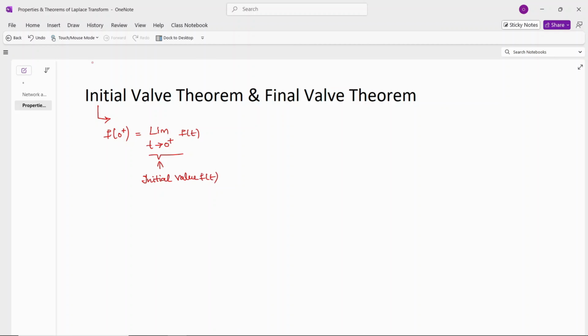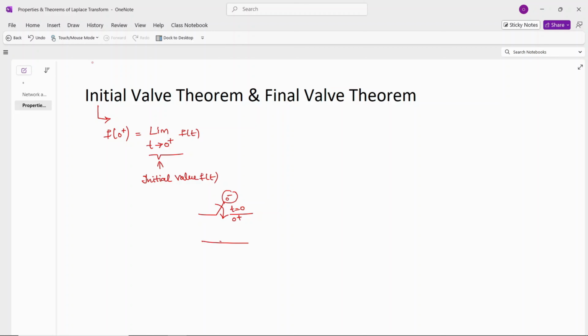What is the meaning here? Actually we have a switch like this. The switch was open in the interval up to 0 minus. Up to 0 minus, it was in the open condition. It was closed at t equal to 0, and this interval is called t equal to 0 plus.